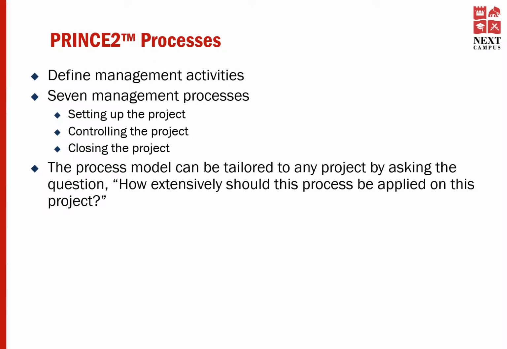There are 7 management processes which allow the project management team to set up the project, control the project, and close the project. The process model can be tailored to any project by asking the question, how extensively should this process be applied on this project?